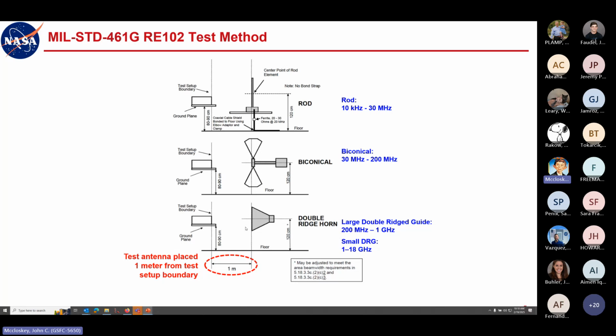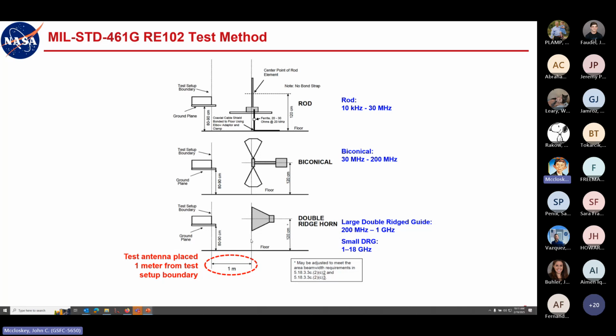And I went through this sort of thing in the dipole session, so you can feel free to review that. But there are just a lot of reasons that this 1 meter measurement distance is non-negotiable. If you're doing RE102 and you're using calibration factors for your antennas that are valid at 1 meter, that's what you need to do.